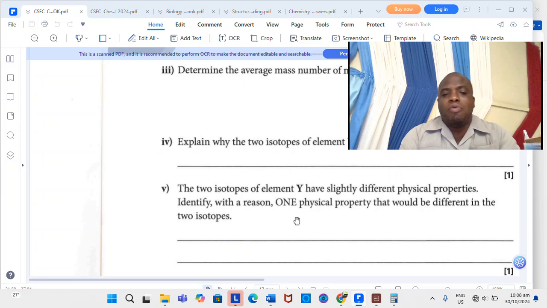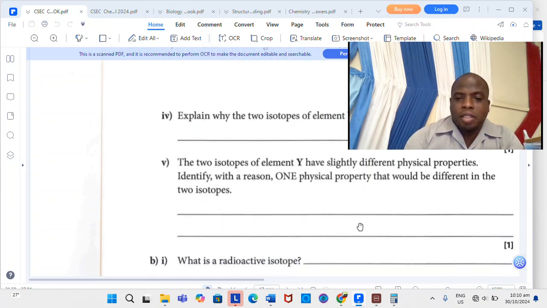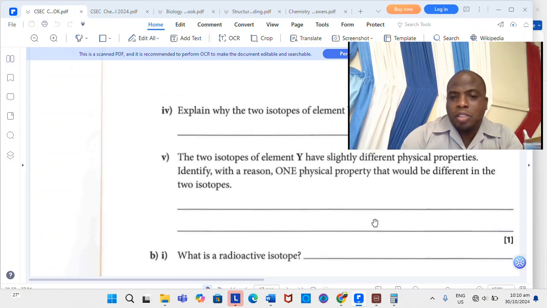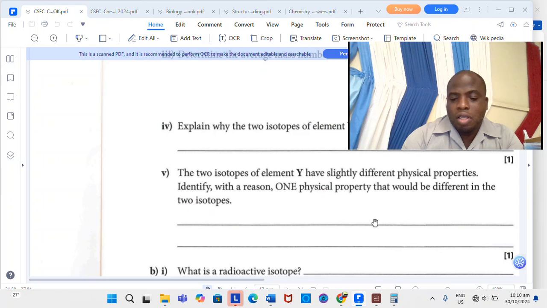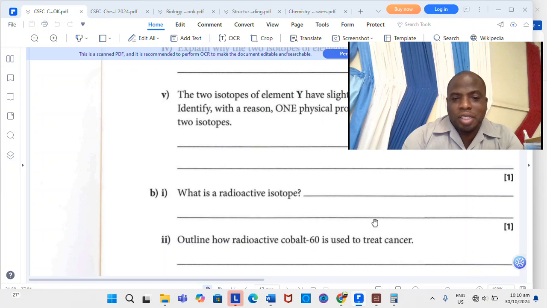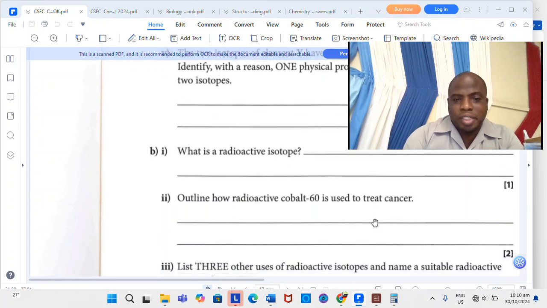The neutrons are the ones that influence the difference in mass number, right? And so due to the difference in the neutrons, you know that the mass of Y-25 is going to be heavier than Y-23. So that's the difference in terms of the physical. The mass is going to be different.